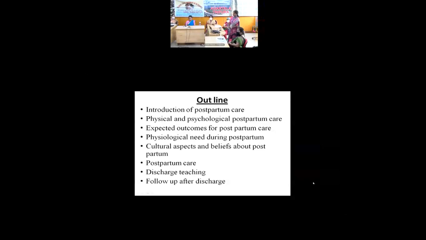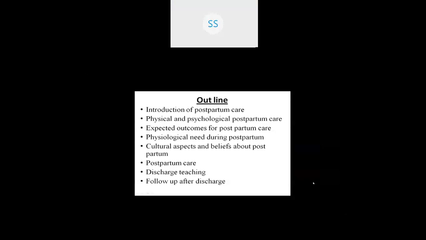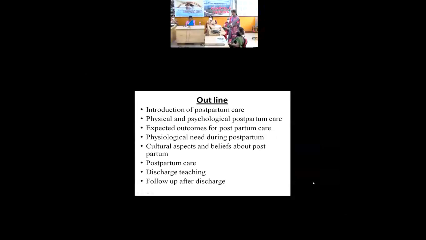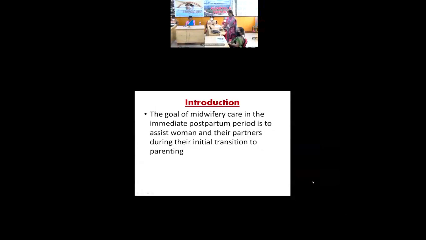So in this regard: introduction of the postpartum care, then physical and psychological postpartum care, expected outcome for postpartum care, physiological need during postpartum, then cultural aspect and belief about postpartum care, discharge teaching, then follow up after discharge.